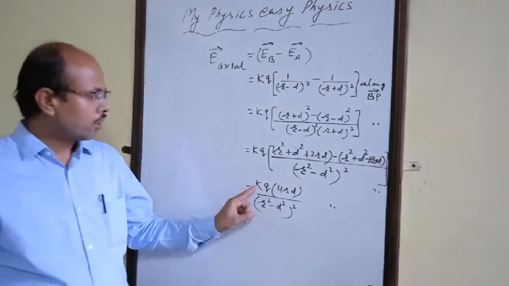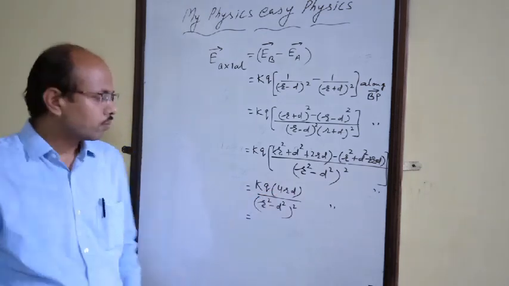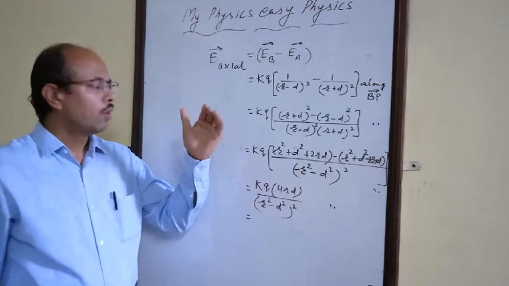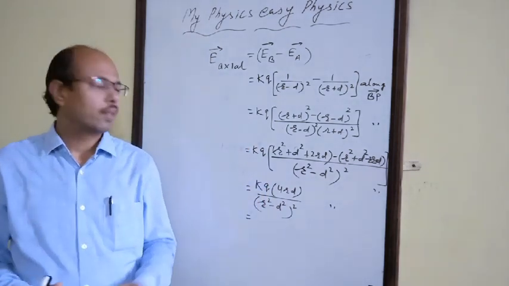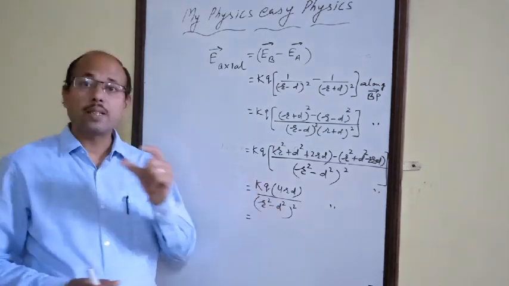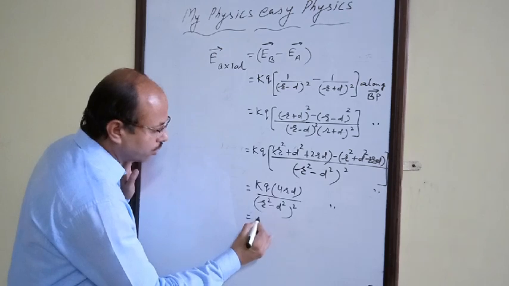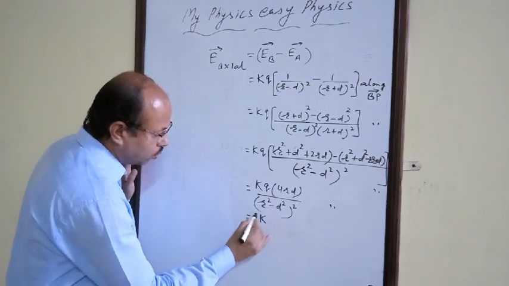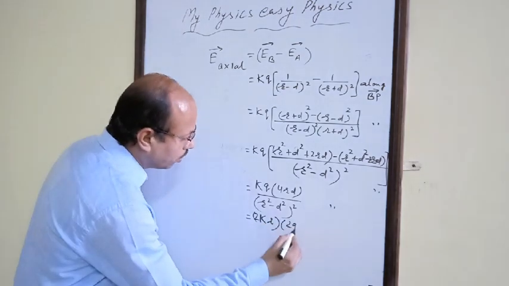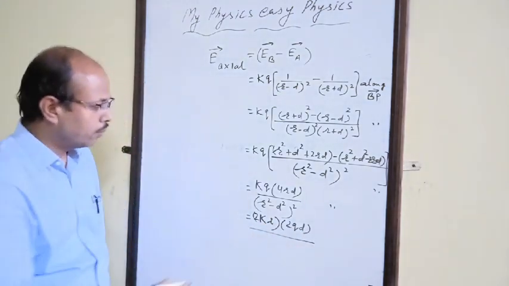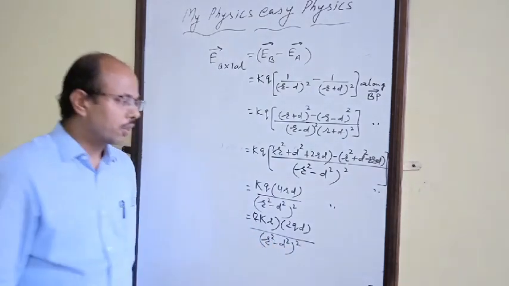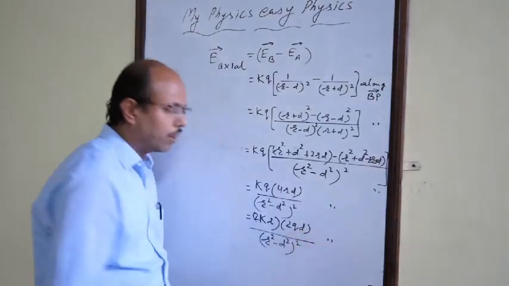Now from this expression KQ 4RD, we can separate 2QD, because for this dipole we have already assumed that the electric dipole moment is 2QD, because the distance we have assumed as 2D. Therefore I am separating these two terms: 2KR separate and 2QD separate, divided by (R square minus D square) whole square, and that is also along BP.